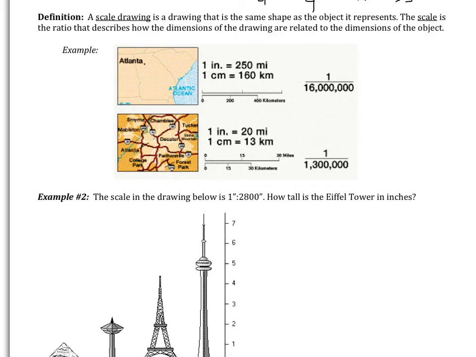A map is just a smaller version of that geographic location. The scale in this case is like the key. So here on this first map, 1 inch represents 250 miles. So that's the ratio. The second one, 1 inch represents 20 miles. So 1 inch on the map is 20 miles in real life, let's say.